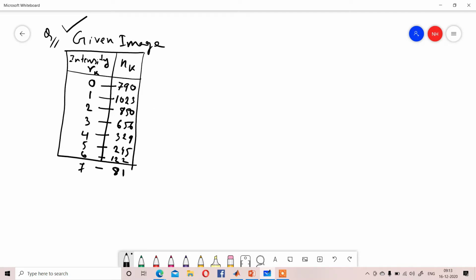Okay, so to do the histogram equalization, what are the steps? First step is your RK, that is your intensity level. Second step is your NK, that is your frequency level. Third step that you have to calculate is the PDF, or the probability distribution function. Fourth step is your CDF, that is the cumulative distribution function.